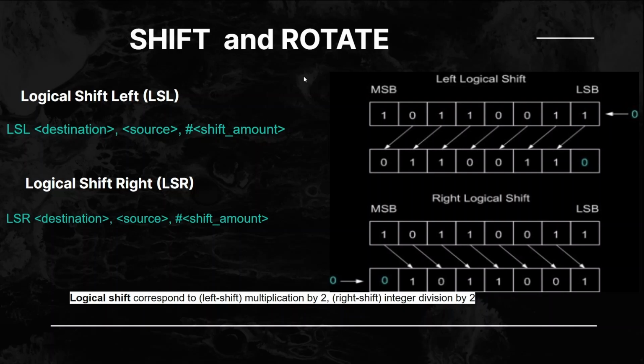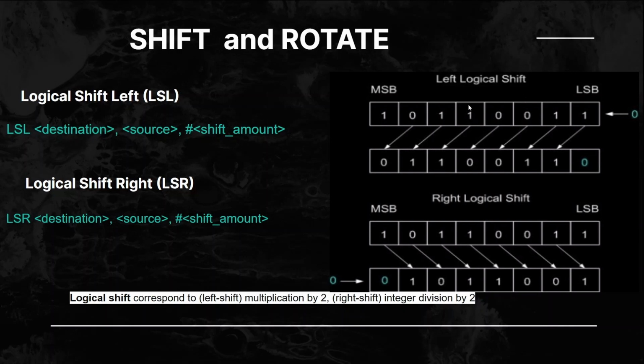The LSL instruction shifts all the bits in a register to the left by a specified number of positions. In the syntax of the LSL, the shift amount is the specified number of positions.